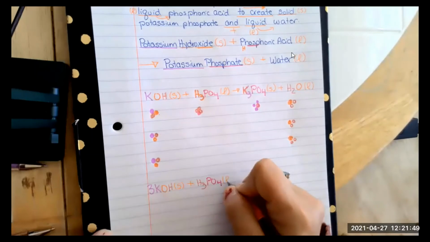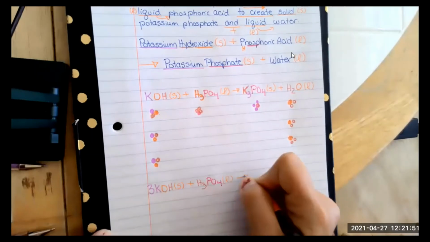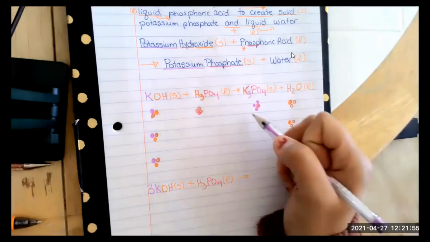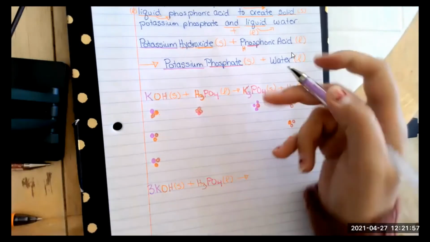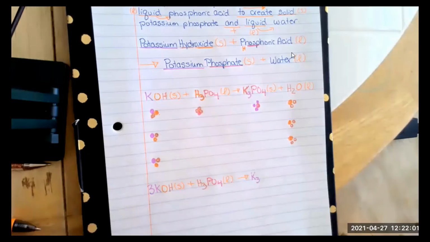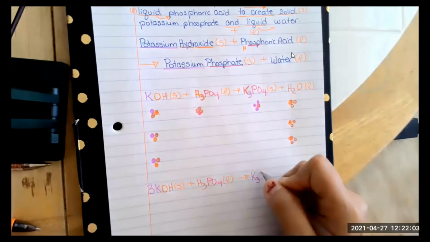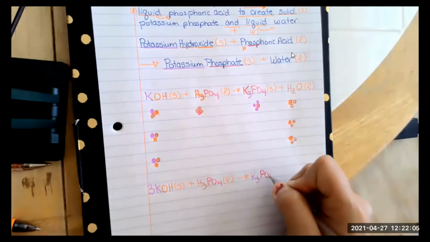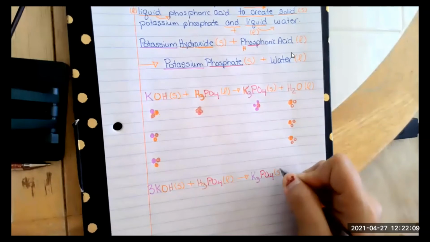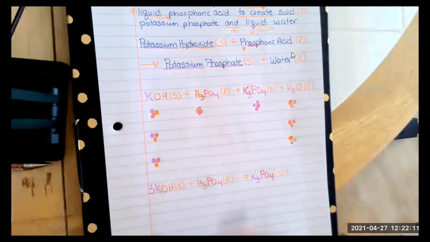So that means for K3PO4, we only have to write it 1 time with no coefficient. This is only 1 of them. And again, don't forget to write your states of matter, your pluses and your arrows, because if those aren't done, it isn't a complete equation.